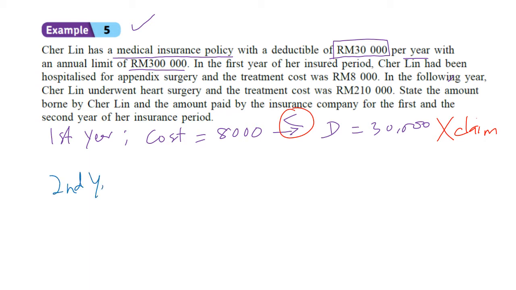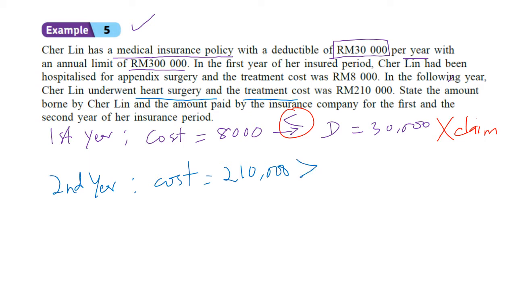But second year, for the heart surgery and treatment, the cost is 210,000. So this is more than the deductible. The deductible is 30K.